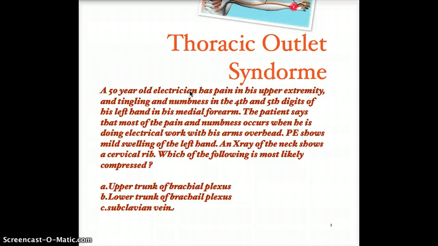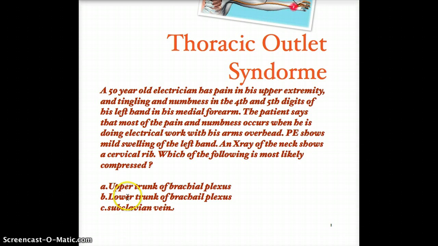Subclavian vein is not common. So the first most common is going to be the brachial plexus. The second most common is going to be the subclavian artery, and subclavian vein is usually not involved with thoracic outlet syndrome. There have been cases where it has been involved, but it's an exception rather than a rule. So I just wanted to point it out there.